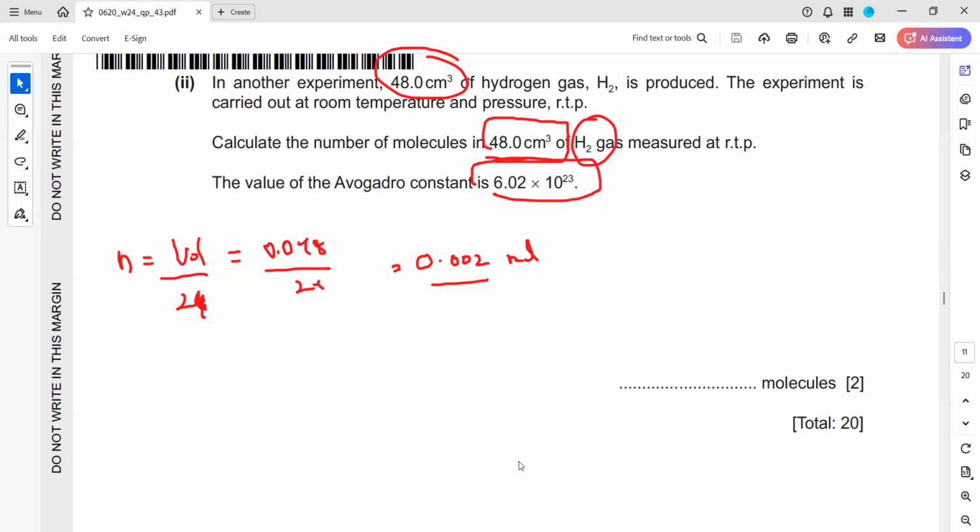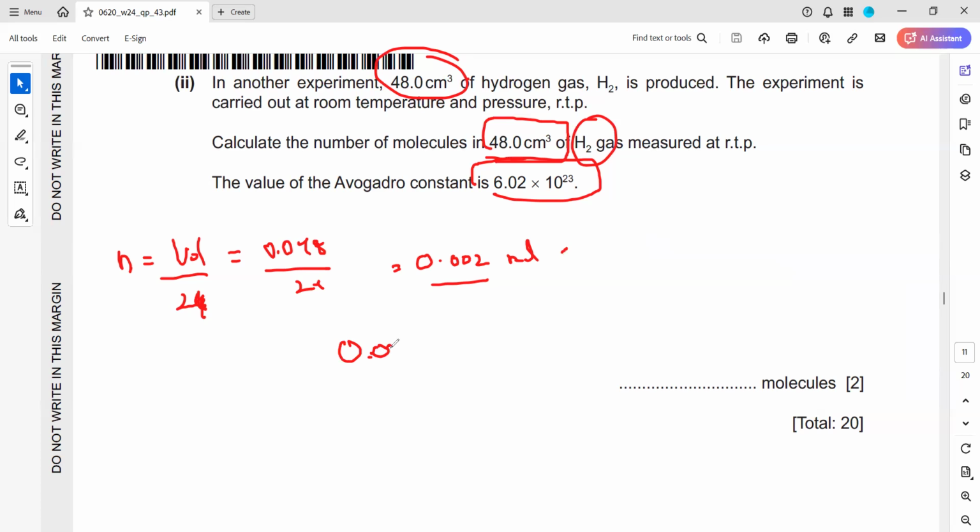How can we write Avogadro's constant? Exponent is there. Convert into scientific notation. So we got the moles and we need the number of particles.